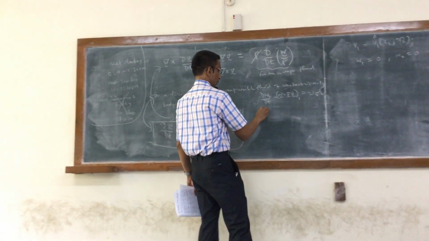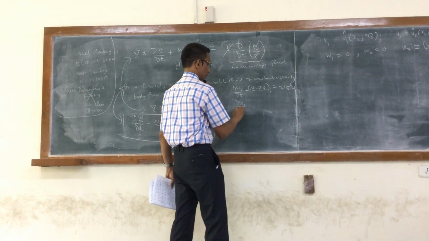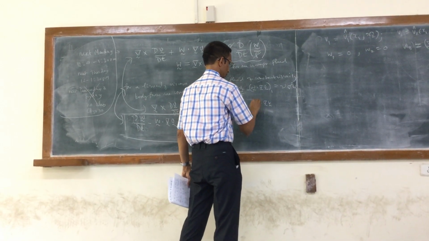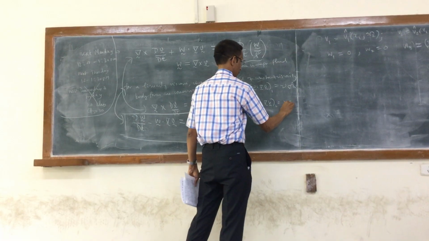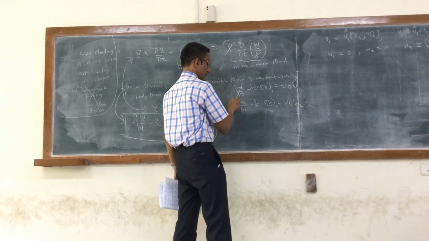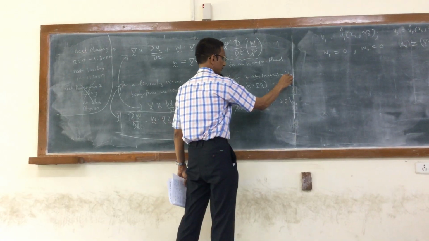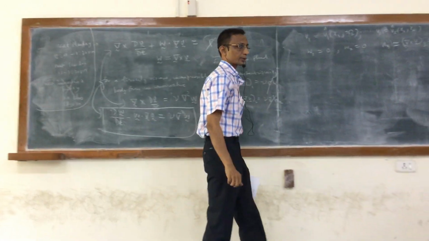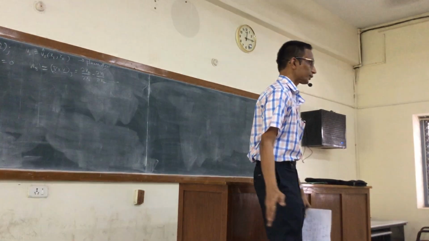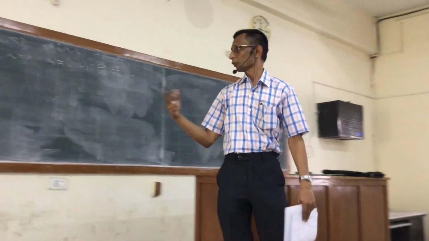Now clearly W1 is 0 means this is 0, W2 is 0 means this is 0, and so are the Laplacians of W1 and W2. The quantities themselves are 0. Now what about this quantity?